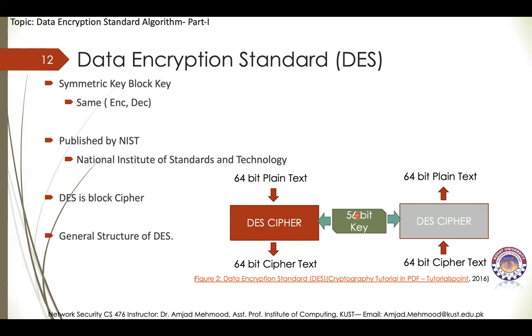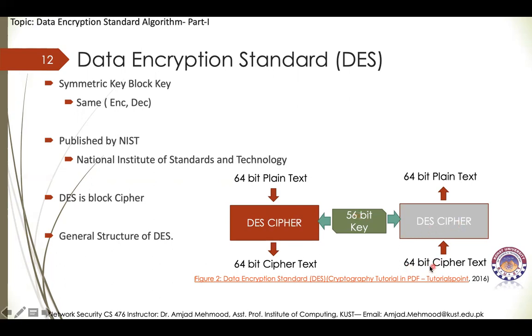But as I mentioned for the Feistel block structure, we have one key, and using that key, subkeys will be generated. Who will generate those keys? There will be a key generator that generates subkeys for each round. As in DES we have 16 rounds, 16 subkeys will be generated.